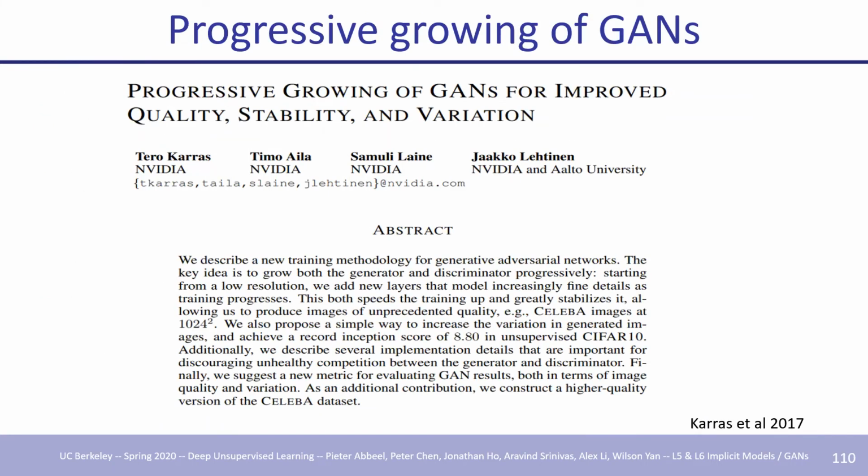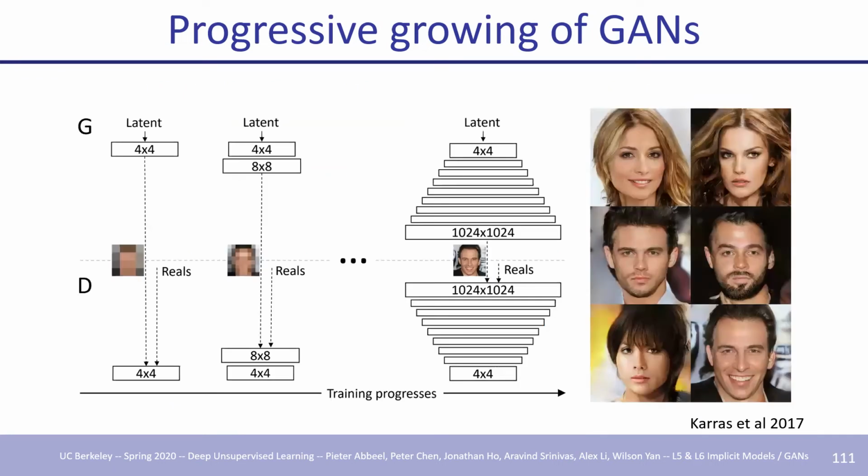Okay, progressive GANs. The idea here is that you first start with 4x4, a very small pixel set, and you train until you're happy with the result. Then you use the same weights and add more layers, and then you train again.